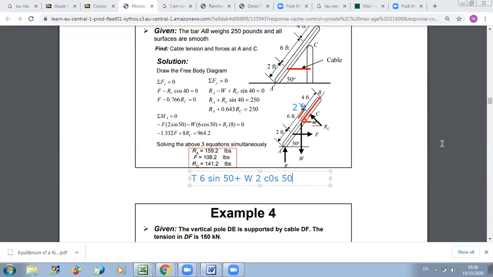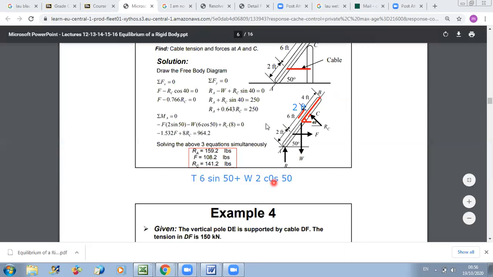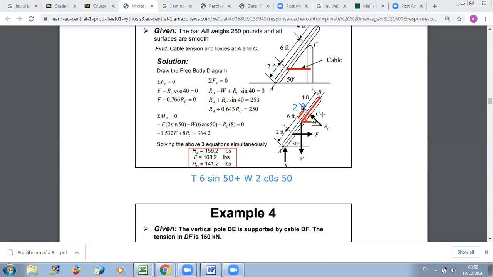And what do we still have only? We still have only the moment of RA. And as you can see in the figure, RA is doing a moment in the clockwise direction about point C. And which is the distance to multiply with? This is the line of action of RA. I should take the perpendicular from C. Okay, so this will be my distance. To find this distance, you have that from A to C, you have 2 plus 6, 8.